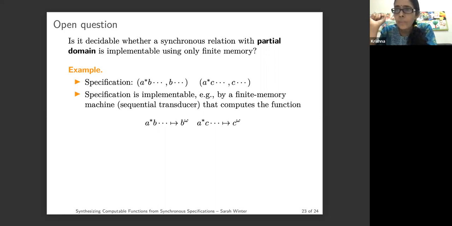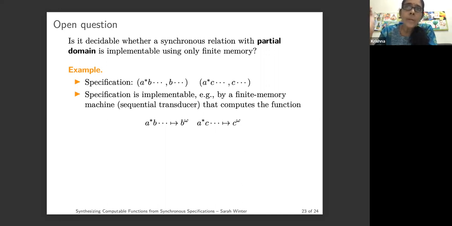Okay, since we are on the topic of undecidability, I have a question related to this. You have shown that rational functions give undecidability, but deterministic rational functions, which are a subclass, are decidable.